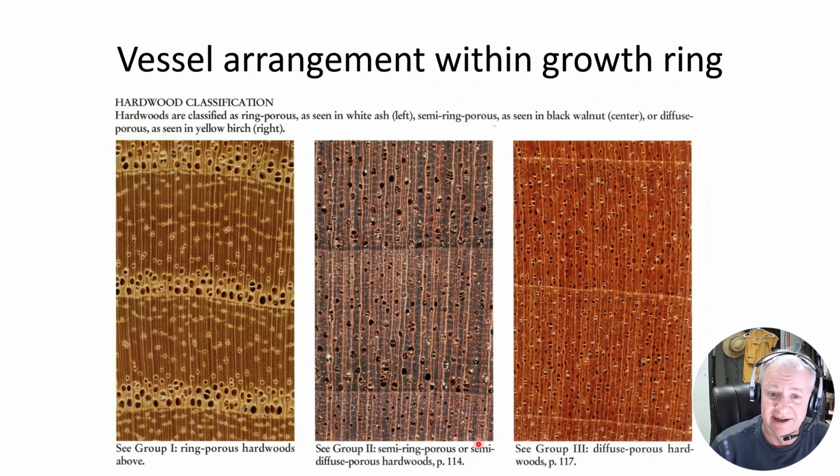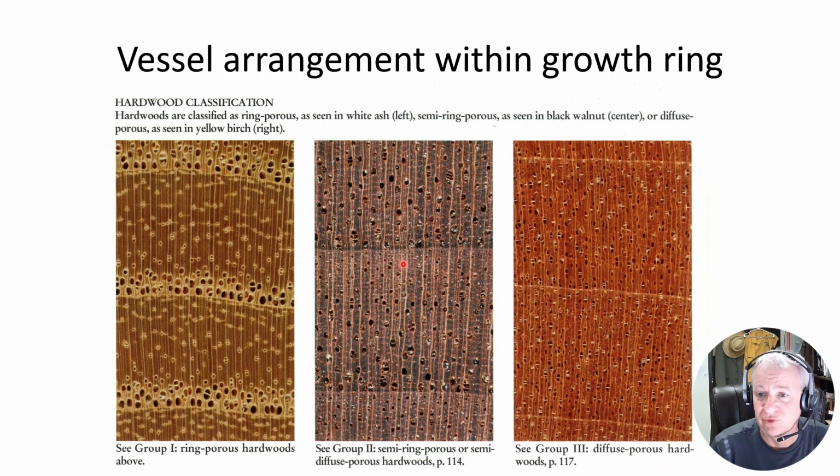I didn't talk about it a lot in lecture, but for the purposes of wood ID, there's also an intermediate classification called semi-ring porous or semi-diffuse porous, where there's a gradual gradation of vessel size from large in the early wood to small in the late wood.